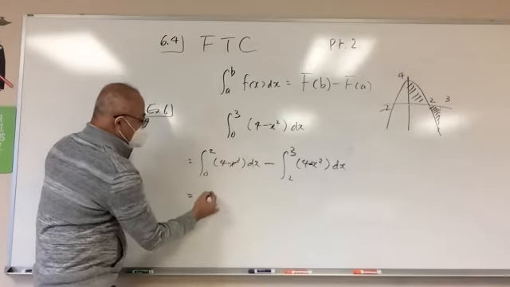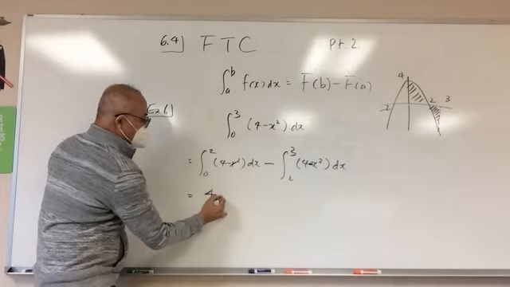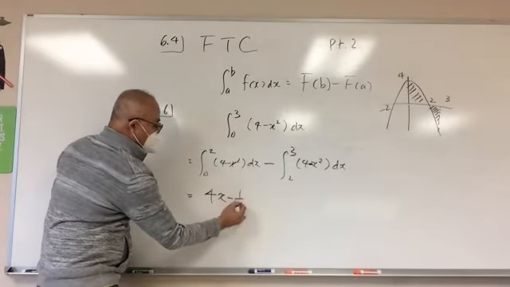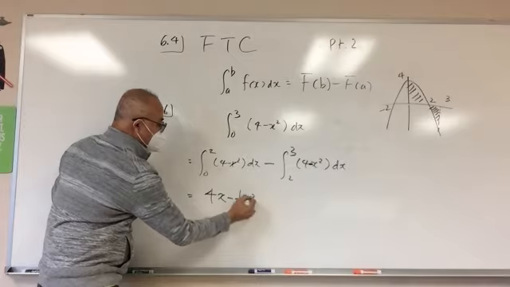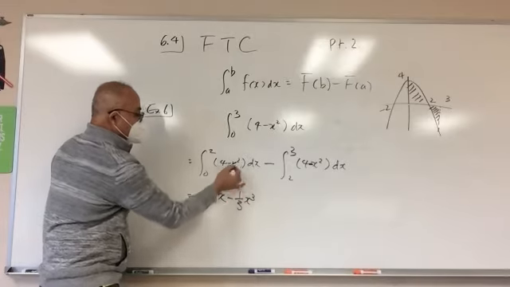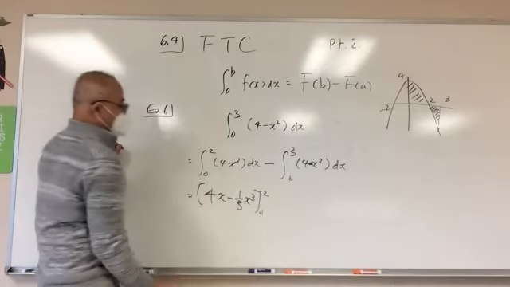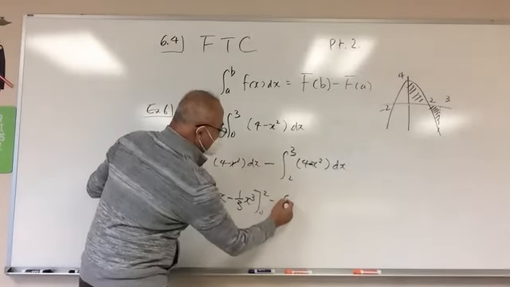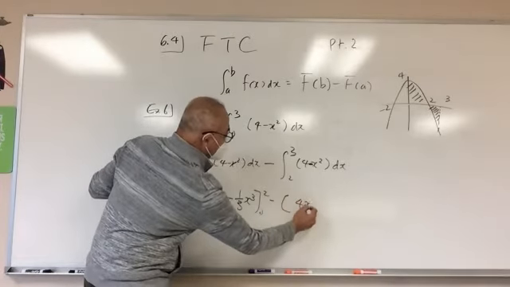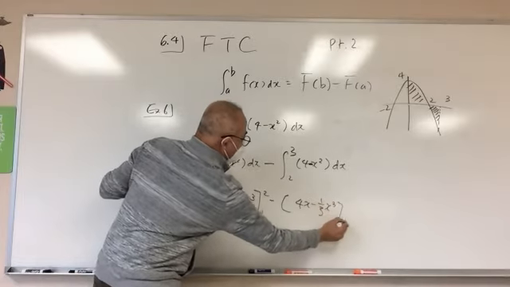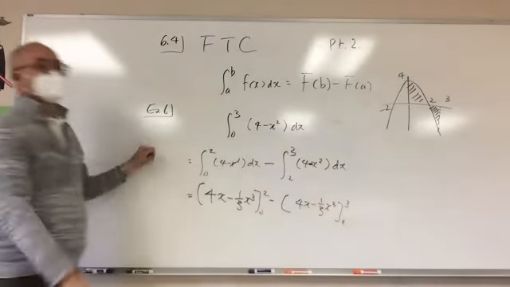The antiderivative here would be 4x minus 1/3 x cubed. Now, if I take the derivative of this, I get 4 minus x squared, right? I have to evaluate this from 0 to 2, and then minus the same antiderivative, but I'm going from 2 to 3, right?